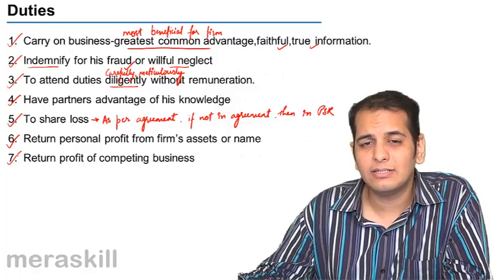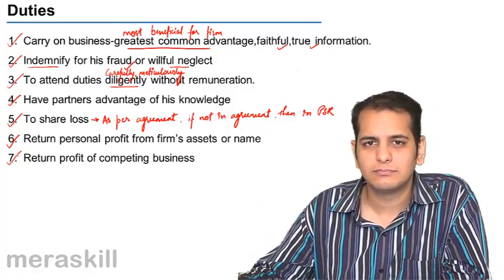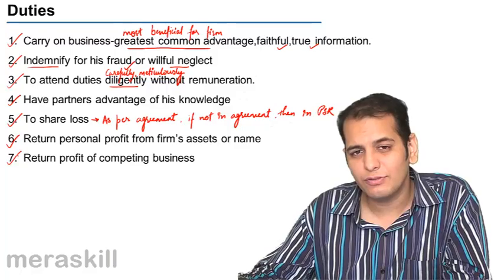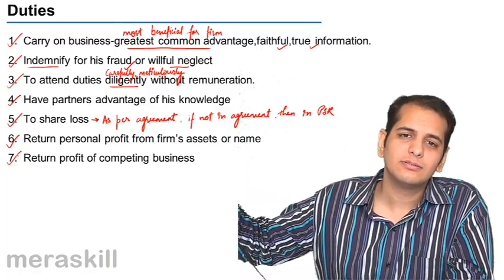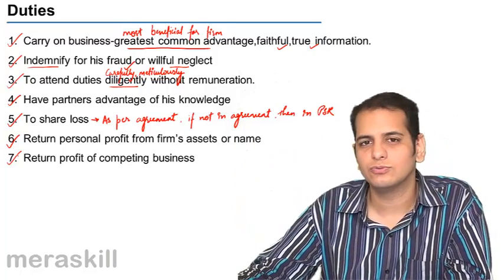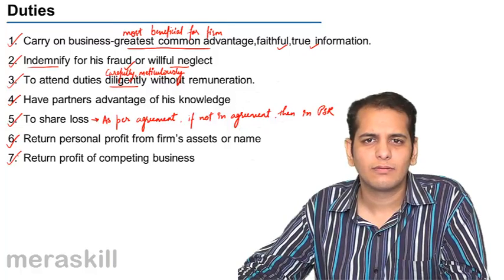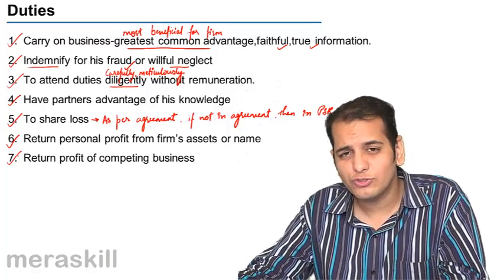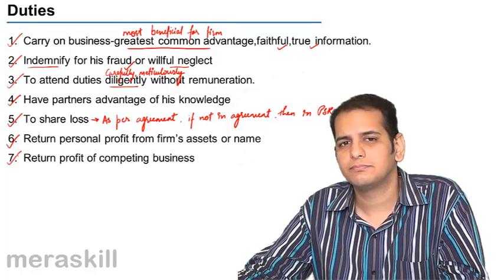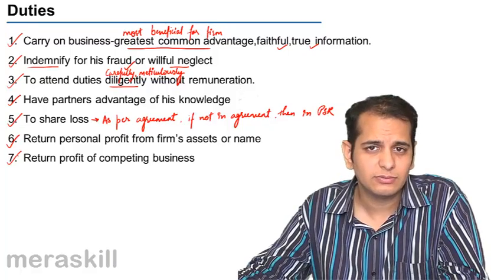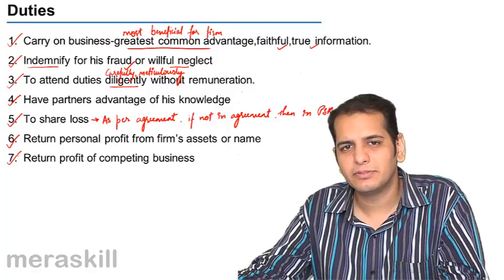Now, if a partner also does a competing business, being a partner in the firm and also doing competing business as a sole proprietor, do you think that is logical? If he wants to do his own business, then why is he in the partnership? That doesn't make sense. He should either be in the partnership or be in his competing business.